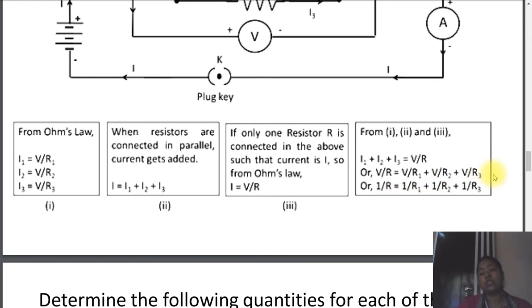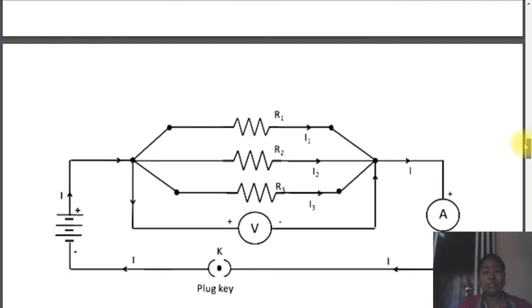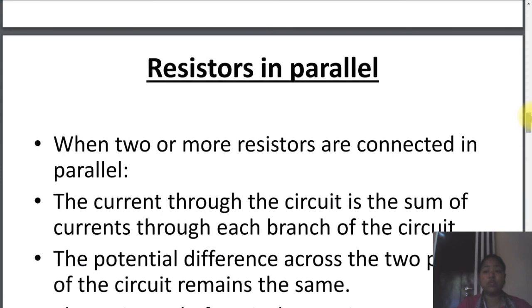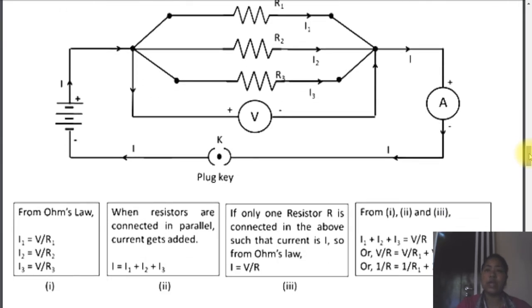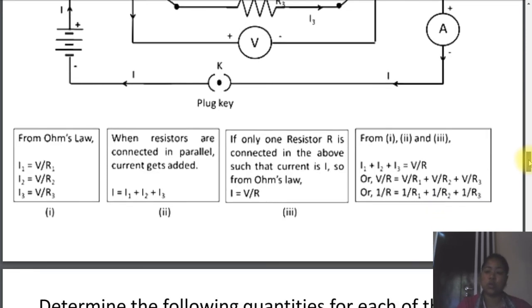These are the two mathematical expressions which are very important for our numerical part. Sometimes we have derivations of these two expressions, but 90% we have numericals related to these two topics of this chapter.